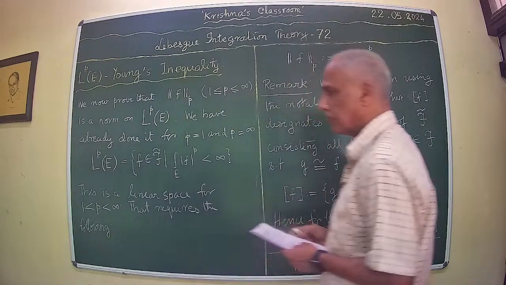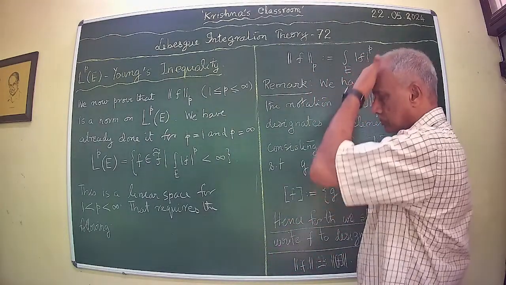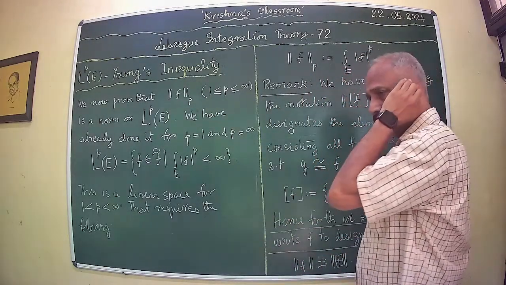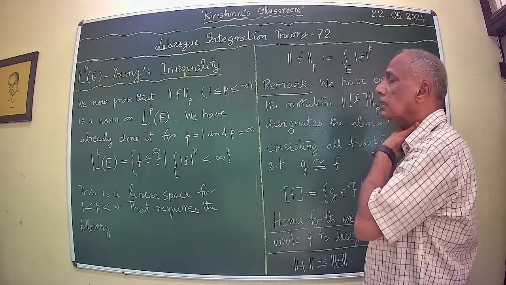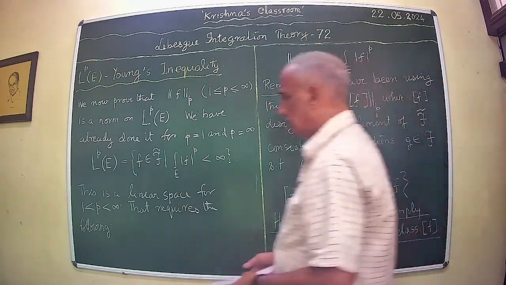What are the things that you have to prove? This collection has a zero element. Okay. And we have to show these two things.